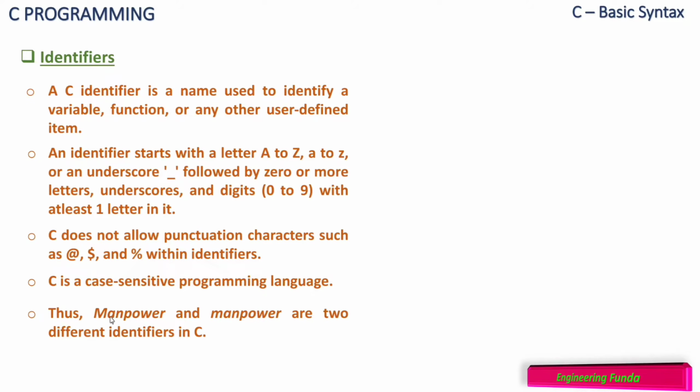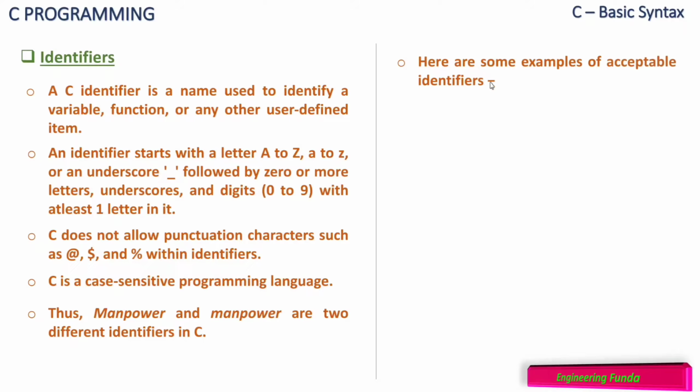That means the word Manpower with a capital M and manpower with all the letters small are two different identifiers in C. So capital M and small m differentiate the two words, and in the same way, if you change any letter either to capital or to small, then it becomes a different identifier.